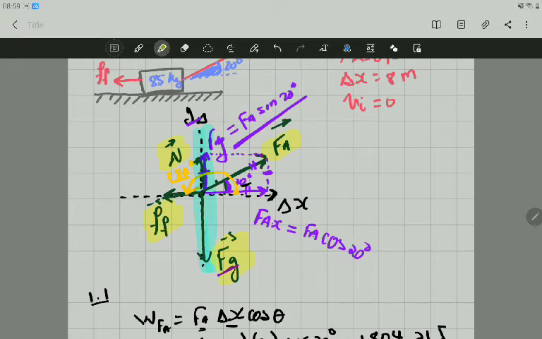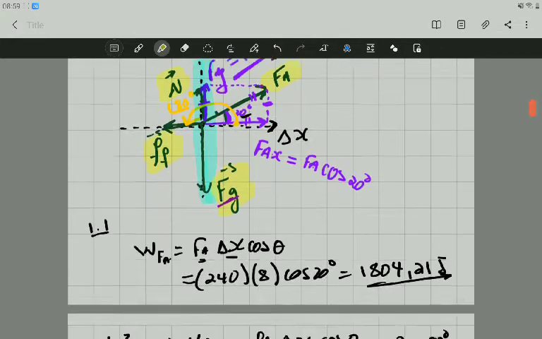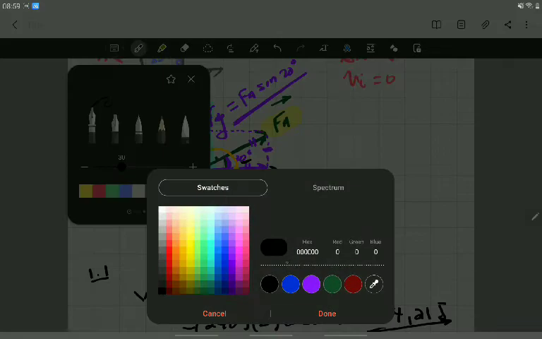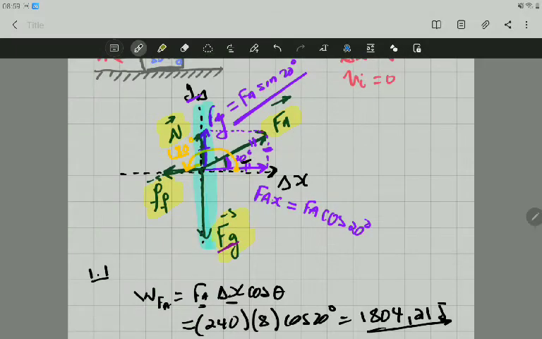These are the components, so you don't have to include them in the forces. The component is just the breaking down of the applied force. So we're going to calculate the work done by each of them. Now we have already calculated the work done by the applied force, and we have the work done by the frictional force.